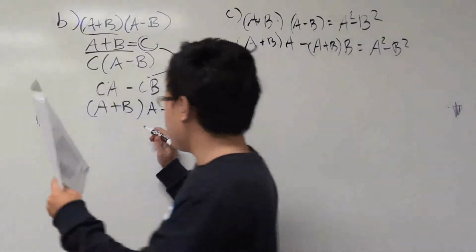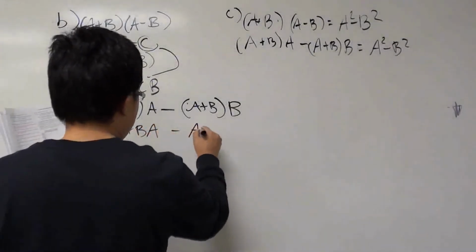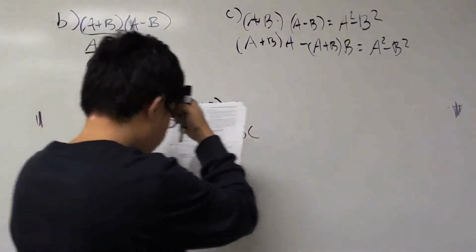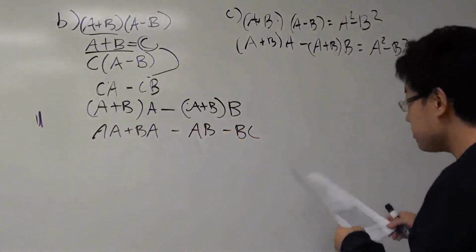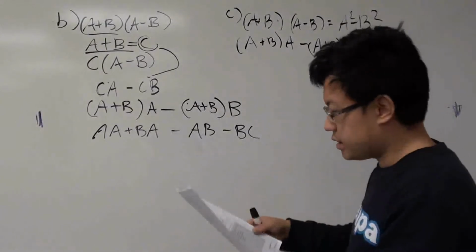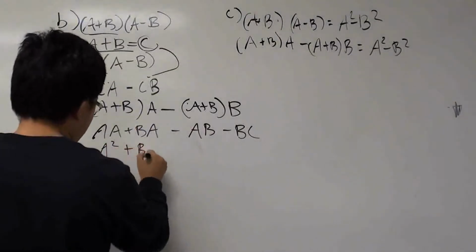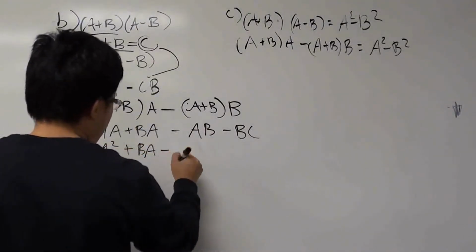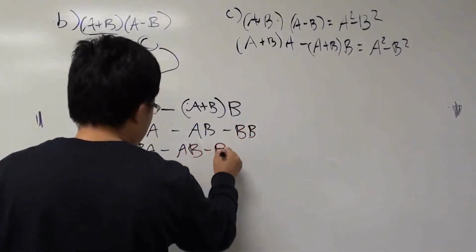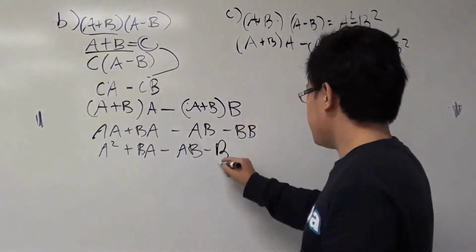So that's going to be the same thing as AA plus BA minus AB minus BB. A times A is A squared, plus BA, minus AB, and BB simplifies to B squared.